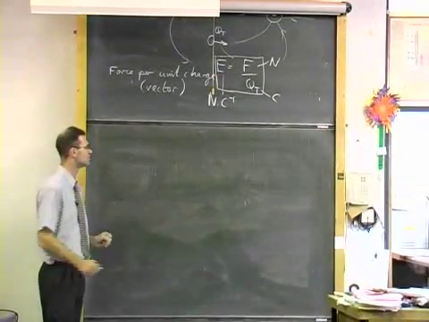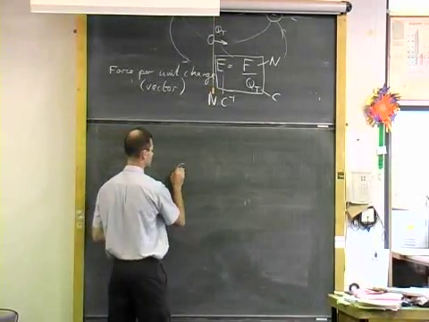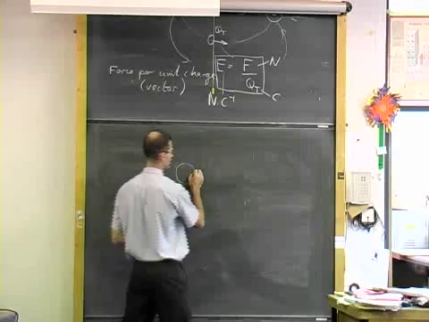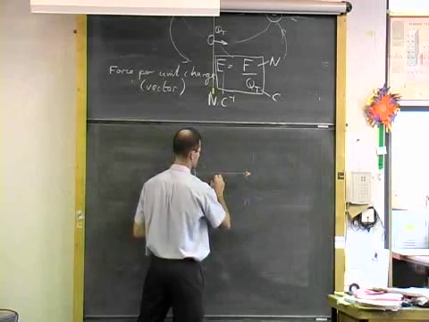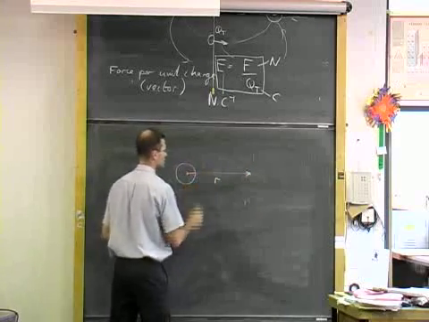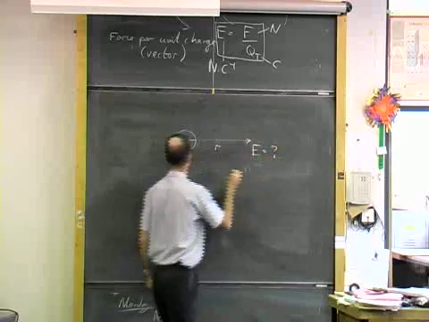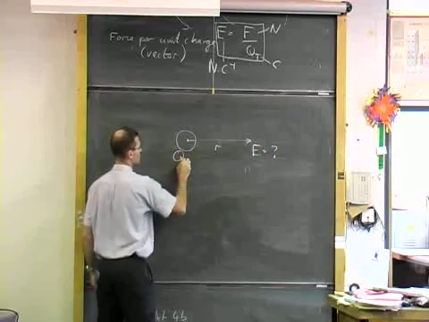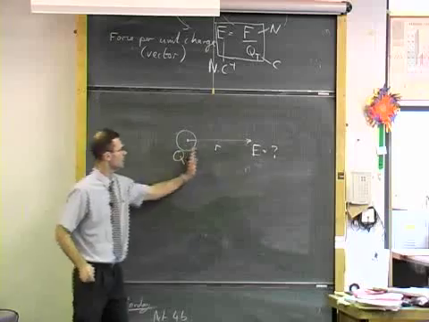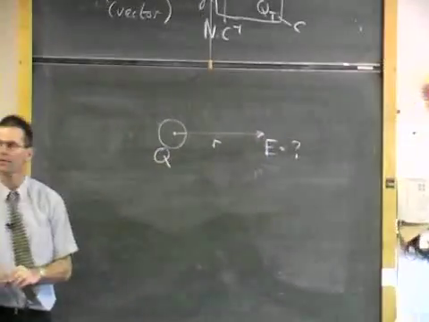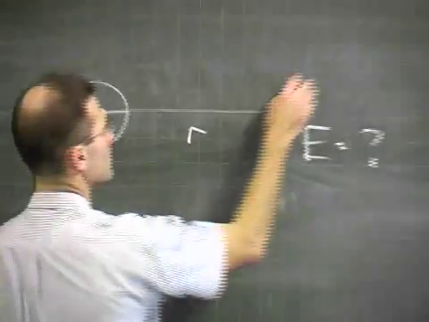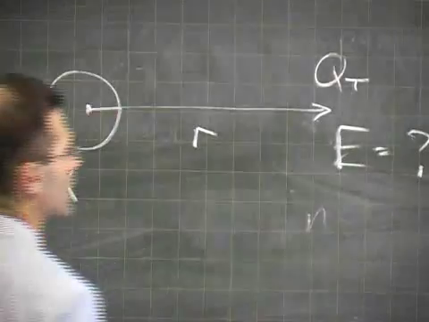Lastly, can you get the electric field for a point charge or a sphere out at any distance from the center? Say if we wanted to know what the electric field was due to this charge here, Q, as we move out a distance r. You could work out that test charge.